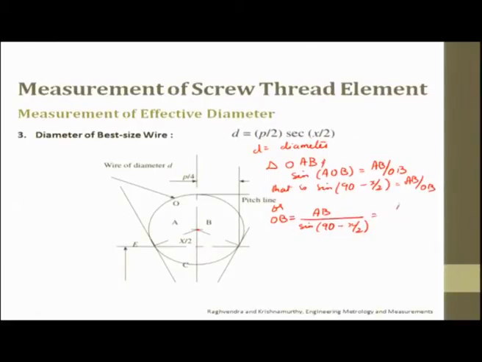So, which is nothing but AB by cos x by 2, and this is nothing but AB secant x by 2.